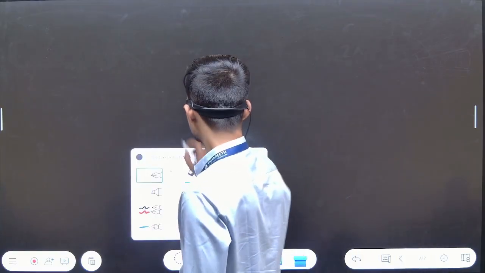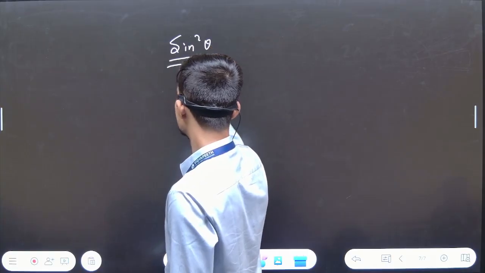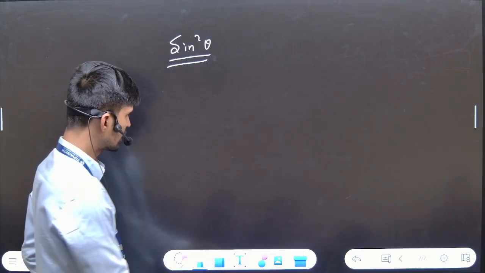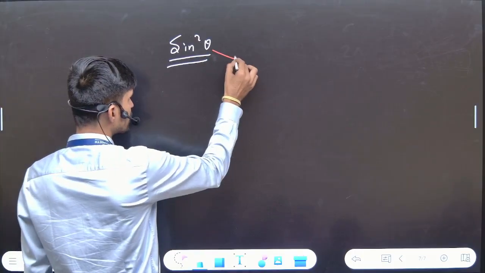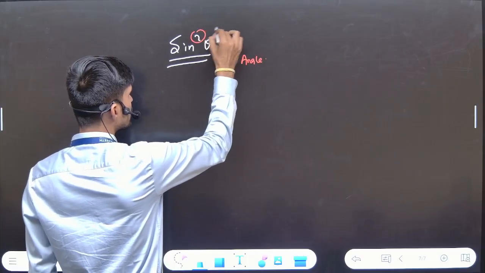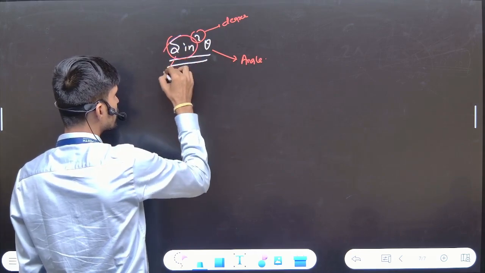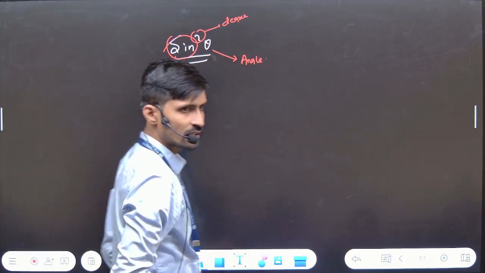See, suppose if I write here sin square theta, so in this whole expression 3 things are there. What are those 3 things? First is angle. Second is degree. Third is name. 3 things are there.